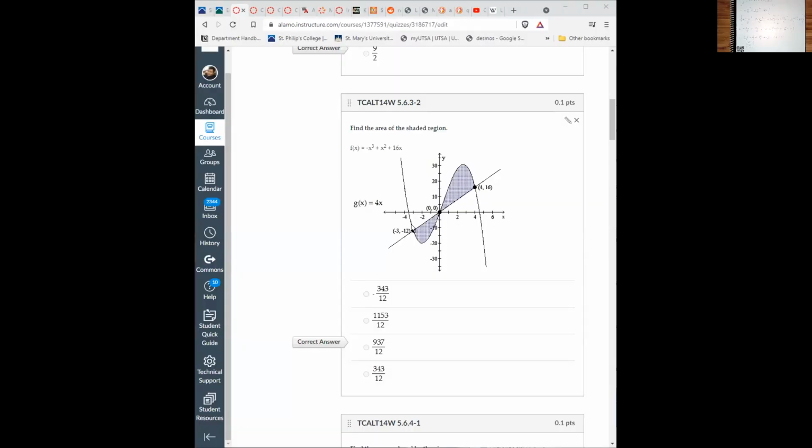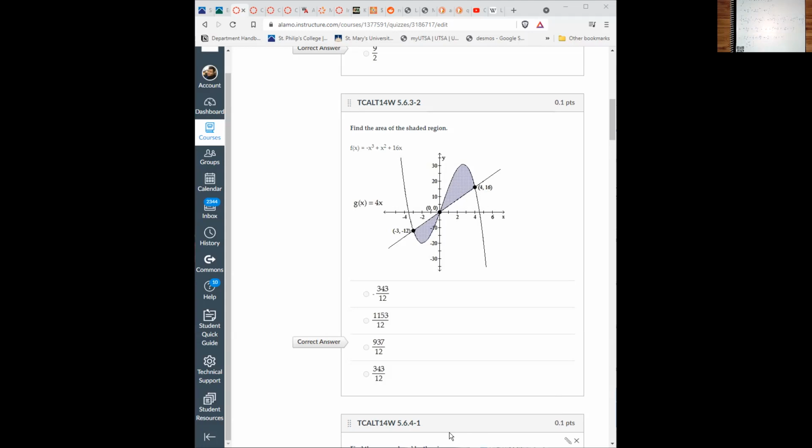Show you how it works. For this one, you have to do 2 integrals, right?